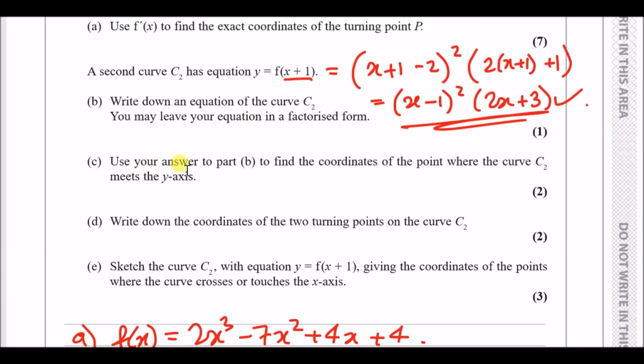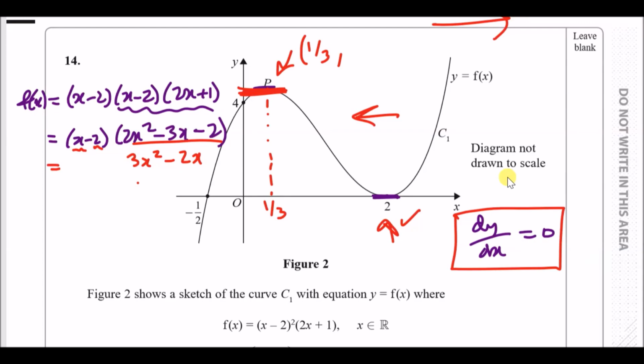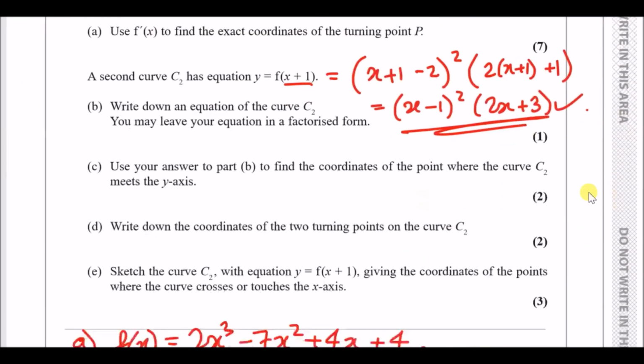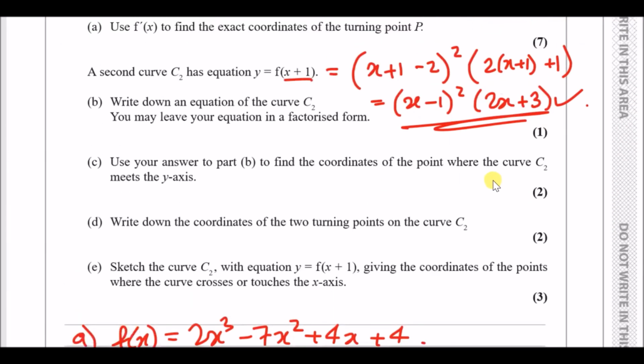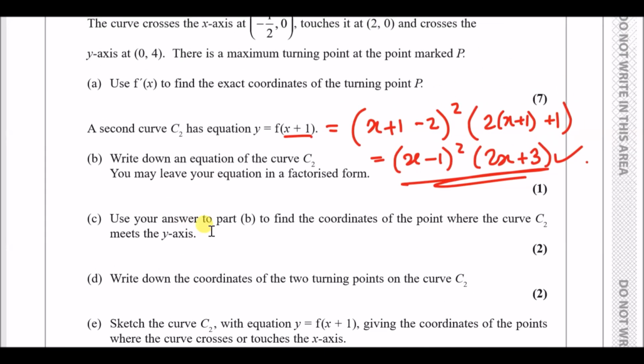Part C. Use your answer to part B to find the coordinates of the point where C2 meets the y-axis. Okay, so let's have a look. When C2 meets the y-axis, you don't even need a graph for this. When something meets one of the axes, this means that the other coordinate is 0. So if you meet the y-axis, this implies the x coordinate must be 0, because that's the only way to hit the y-axis. x should be at the origin.